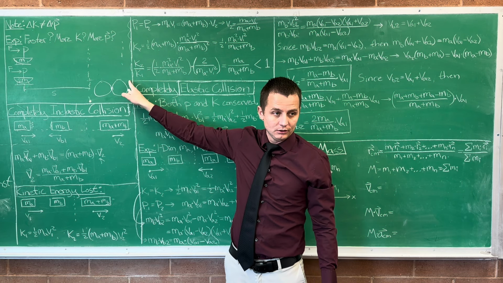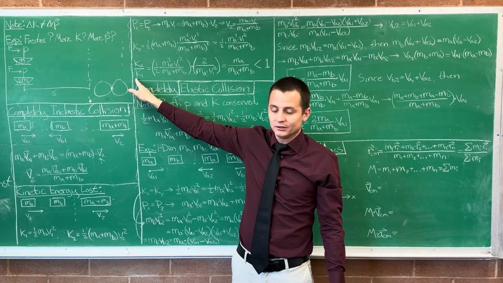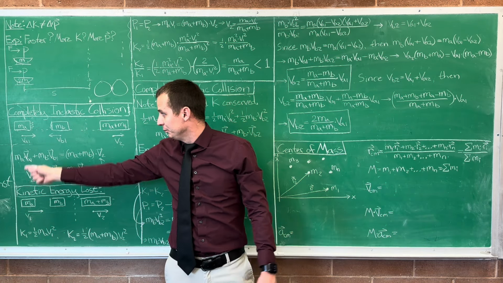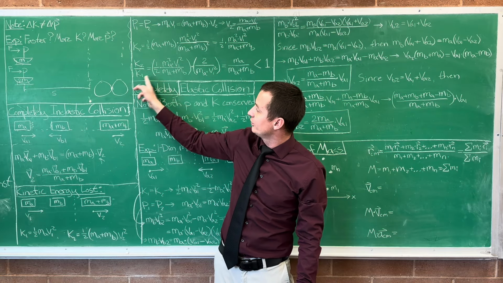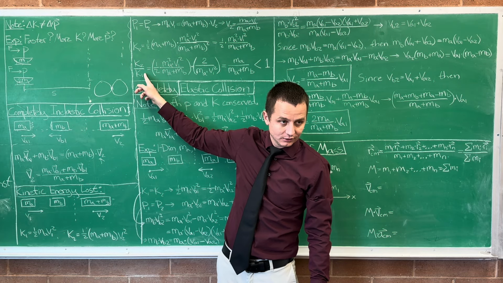And if we somehow gain kinetic energy, which would be the strangest of all, then this will be greater than 1. Is that possible? Probably. If we stopped and thought about it, we could come up with a way to make that happen, like have them collide, but one of them also has some explosive material on it. Anyways, here's the ratio that we're going to be looking at.